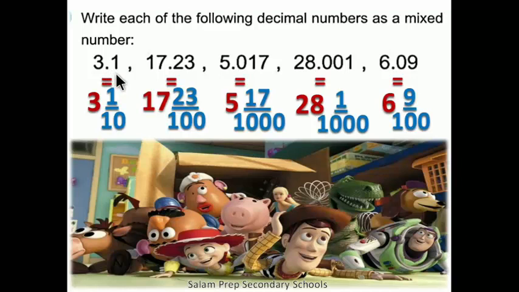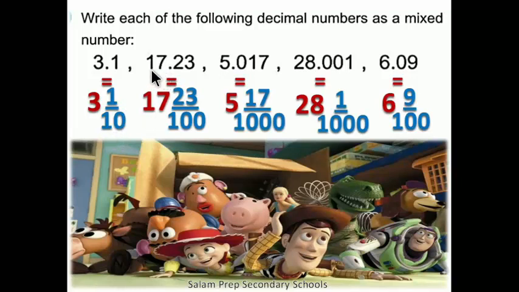I will put 1 in the numerator. The denominator, we will write 10 because there is 1 digit in the decimal part. 1 digit means 1 place. 1 place is tenths. Tenths means 10. So I will put 10 in the denominator.